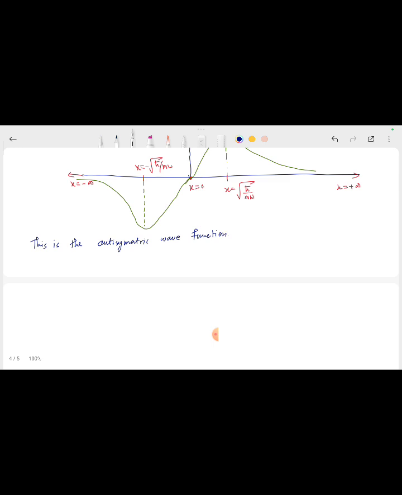If a wave function is antisymmetric, it means it's an odd wave function, an odd eigenfunction. So the first excited state for the harmonic oscillator is an odd eigenfunction. Okay, are you clear?